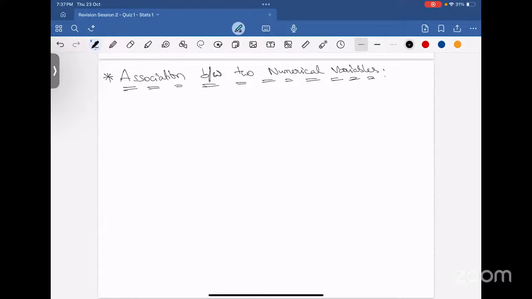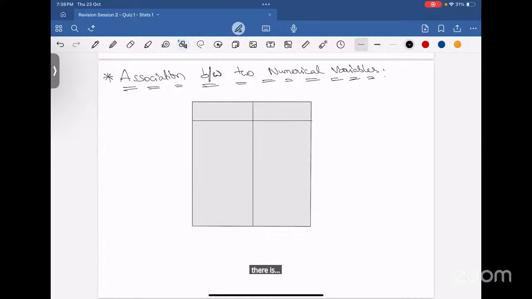Okay. So let me take an example directly. Let's not sit and discuss the theory part. Let's straight away take an example. Let's say there are two variables.